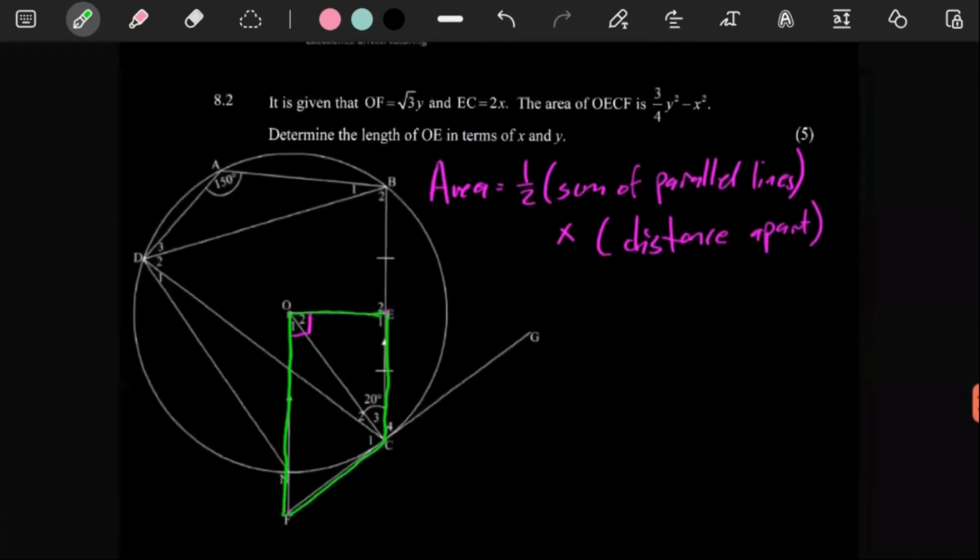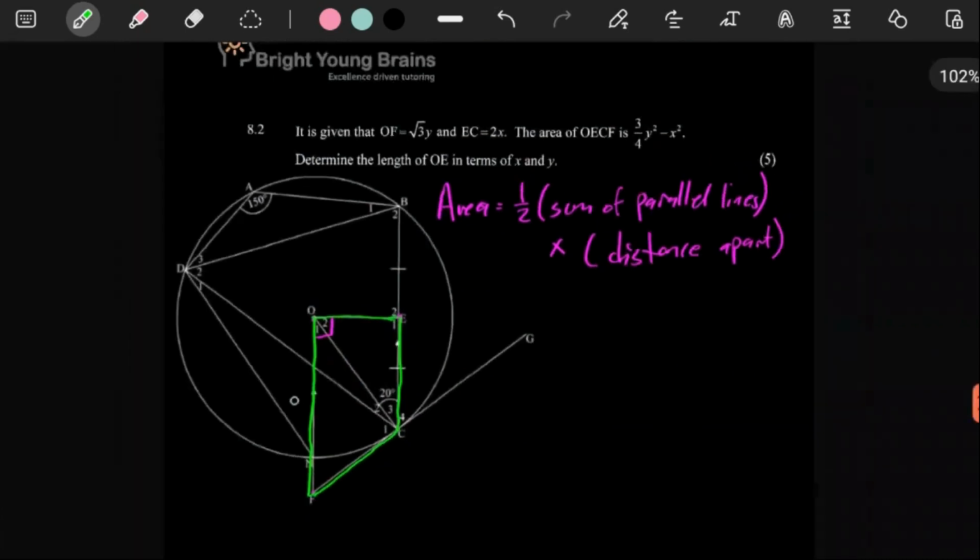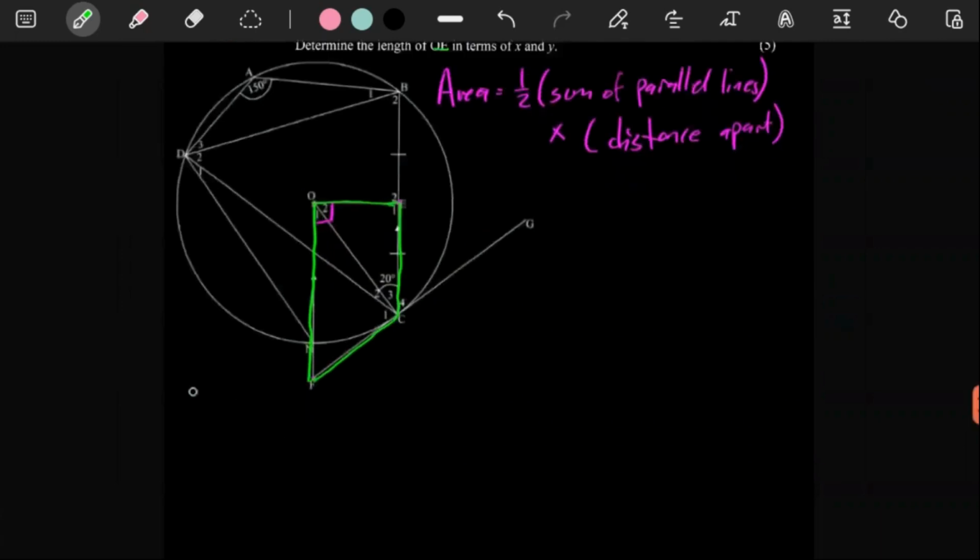So what you know is OF is one side, EC is the other side. So that gives us one parallel line and then the other. The distance apart is OE. That's actually what they're looking for, because area is equal to a half.